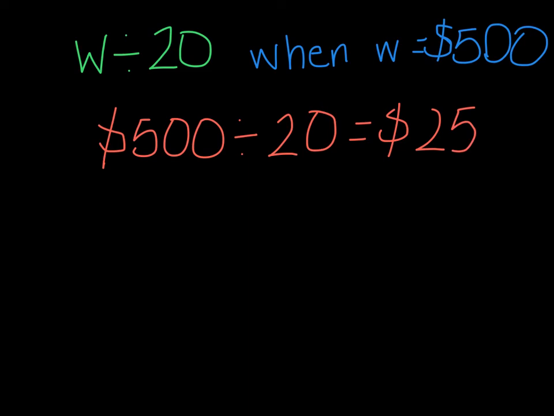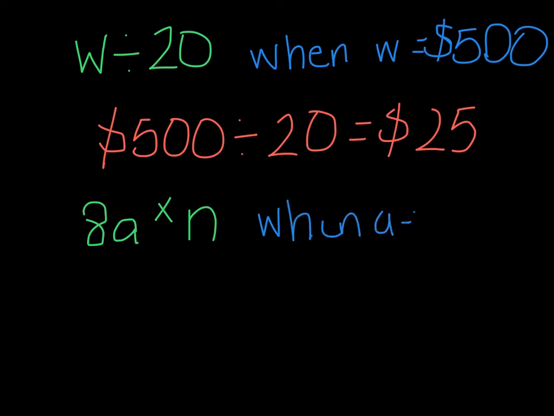We have 8a times n. Now on this one, they're going to give us more than one variable, or more than one value. When a equals 1.5, and n equals 4.